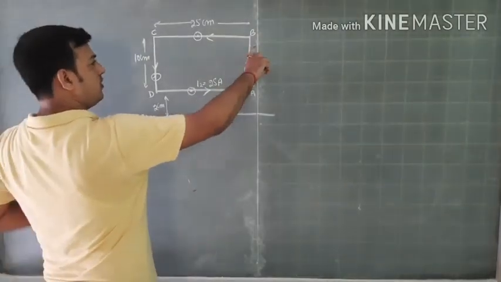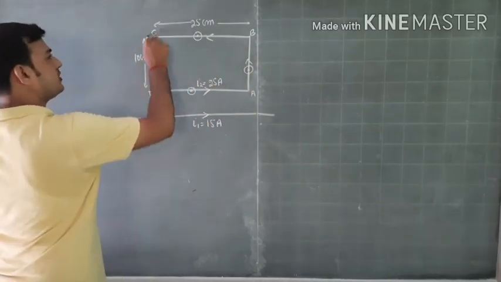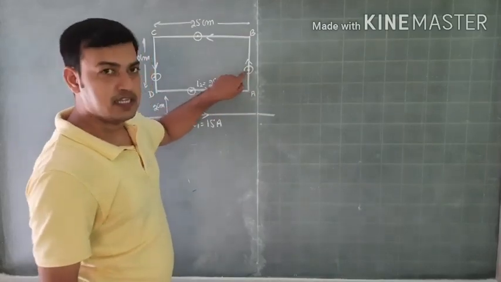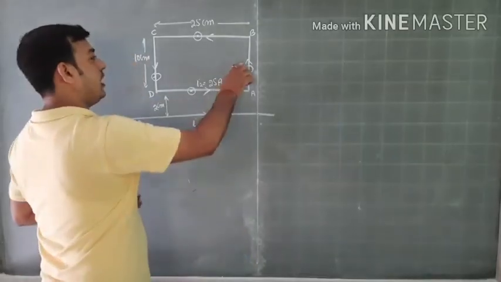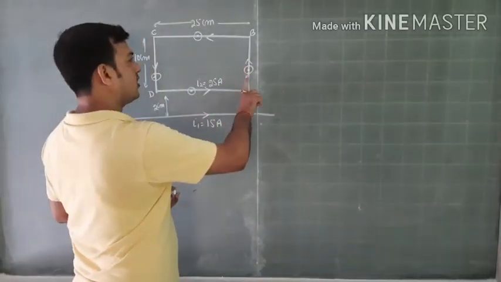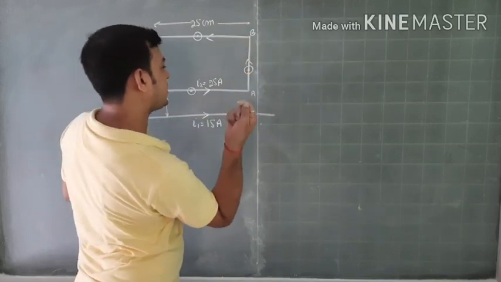Now first of all, I will concentrate on these two branches, AB and CD. For the AB branch, the magnetic field is here, the force will definitely act, and we need to find out the direction of force. The current is in the upward direction and the magnetic field is outside.